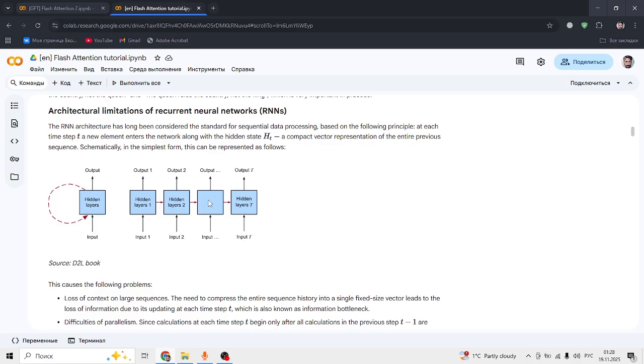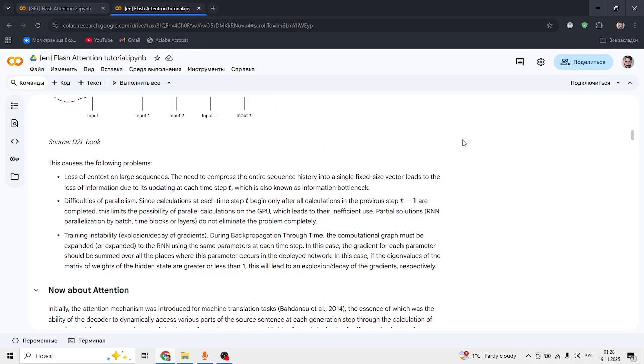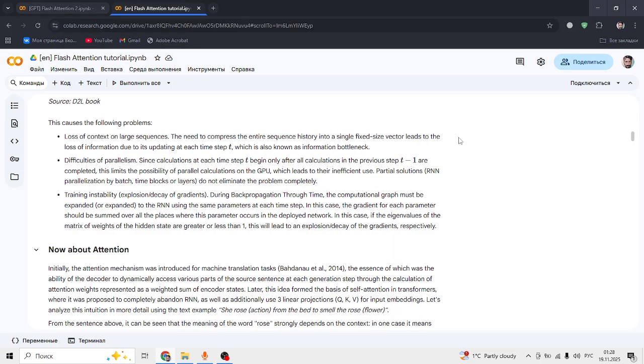And it causes some problems. First of all, loss of context on large sequences. The need to compress the entire sequence into one vector leads to the loss of information due to its updating at each time step t, which is also known as the information bottleneck.